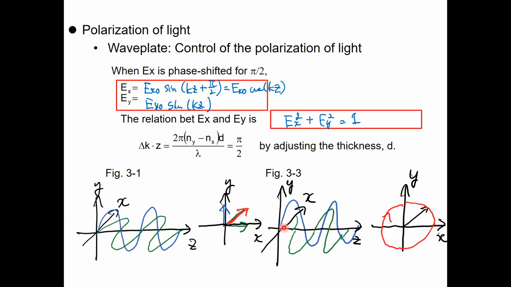If you draw the EX and EY fields, EX is always pi over 2 different, so the electric field is actually rotating. This is circular polarized light. The electric field is rotating as the light propagates.